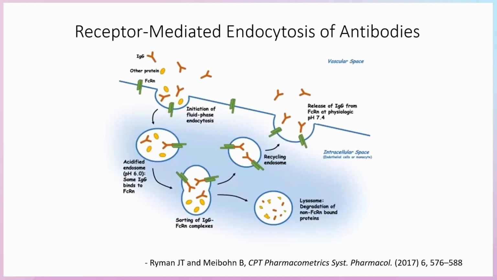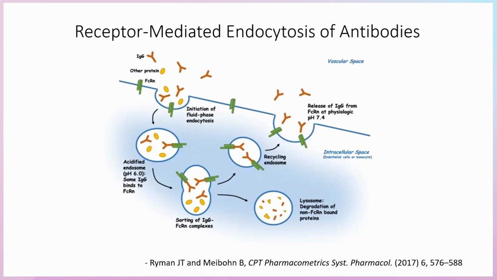Now, the major clearance mechanism for antibodies is receptor-mediated endocytosis. Antibodies are large proteins, and they can't be easily cleared by traditional drug clearance mechanisms like the liver or the kidneys. Antibodies are taken up into endosomes by first binding to a specific FC receptor on the cell surface, the neonatal FC receptor, indicated in this graph as FcRn.